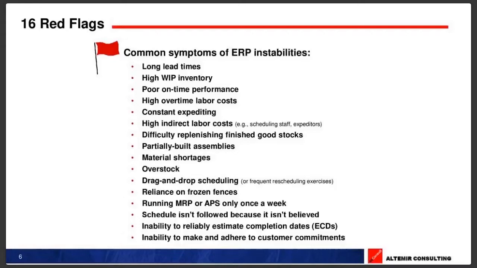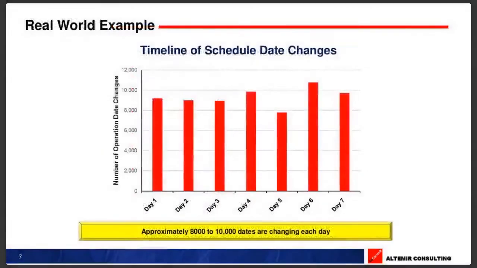Okay, so here I'm going to show you some real data. This was taken from a large contract manufacturer who had multiple sites, and this data is for their largest site. We took 8 days worth of data so we could take a look at the date change activity in their system, and we found that 8 to 10,000 schedule dates were changing every single day.